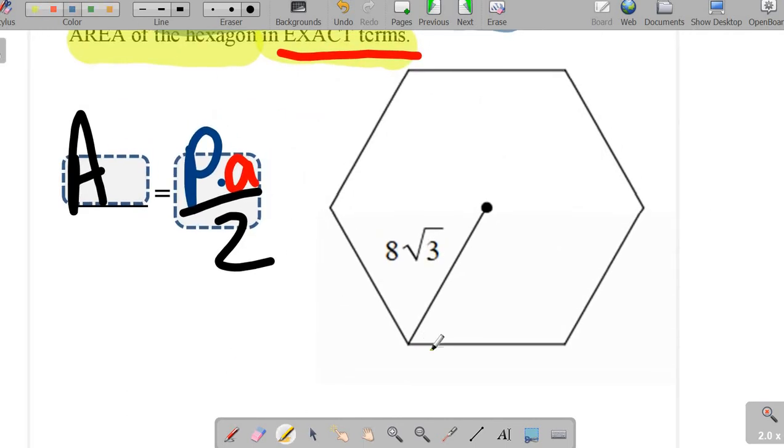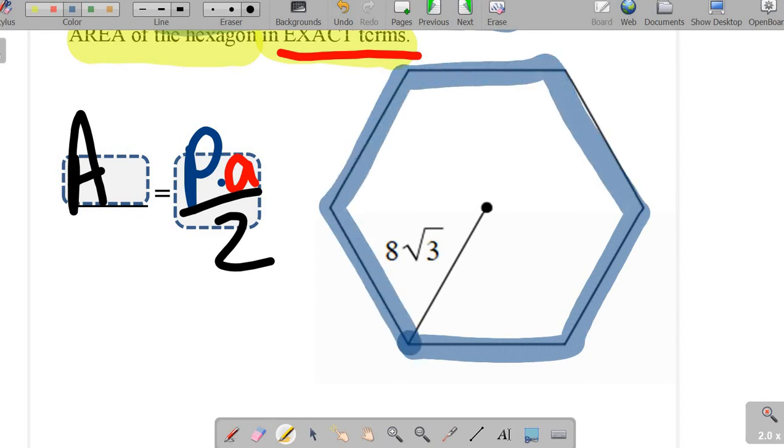Just trace it. We're missing the perimeter. So we don't have that because we don't have a side length. Trace in your apothem, which is center to midpoint at a right angle. We don't have that either. Wow, we're kind of missing everything. But we have this radius length.